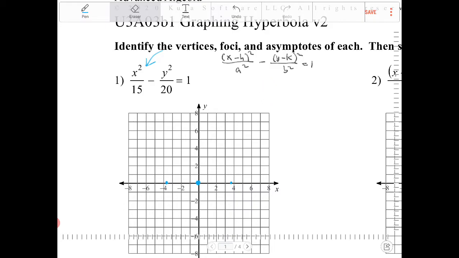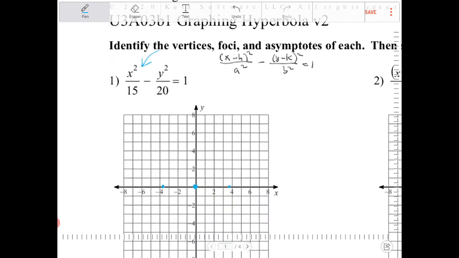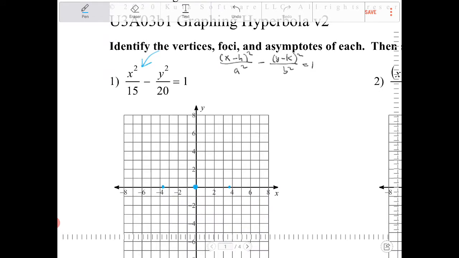Now that we recognize this, there's one other idea that was not brought across in the derivation video, and that is there are a set of asymptotes that the hyperbola will try to approach but never quite reach.